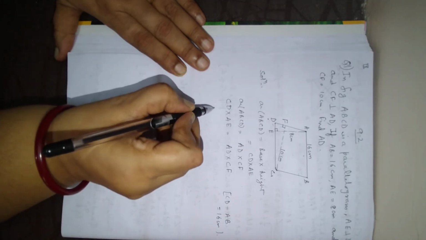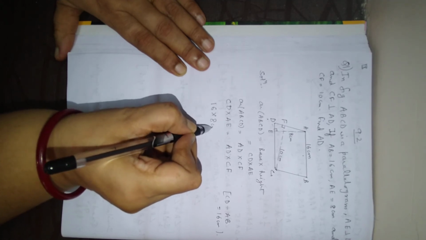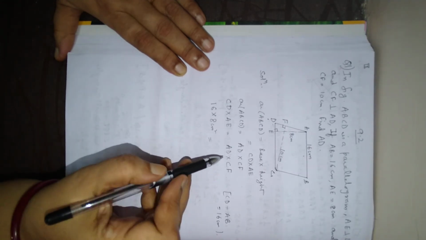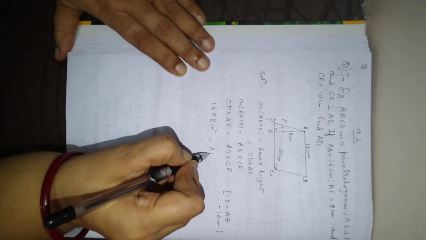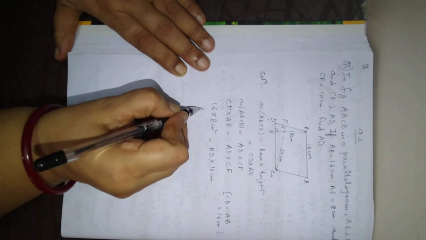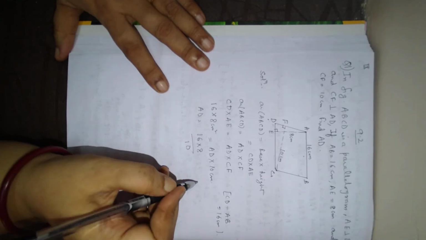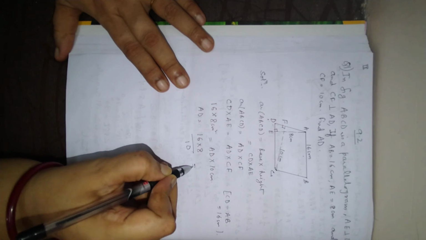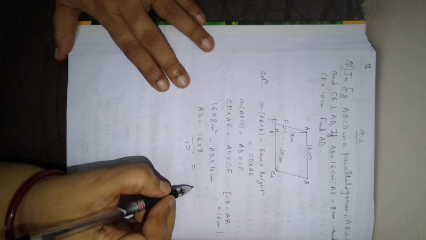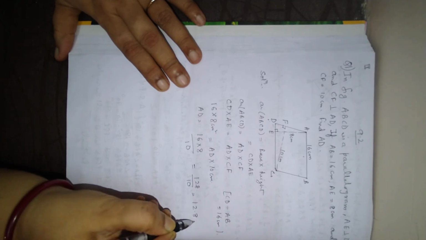So it is 16 centimeters into 8 centimeters equals AD into CF. AD we have to find, and CF is given as 10 centimeters. So AD equals 16 into 8 divided by 10. That is 128 by 10, which equals 12.8 centimeters.